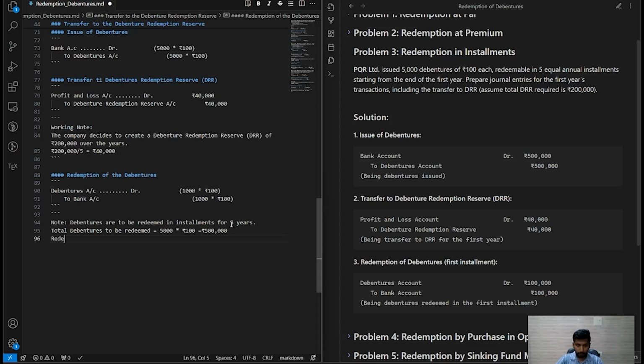So redemption for the first year will be 5 lakhs divided by 5, which is equal to rupees 1 lakh.